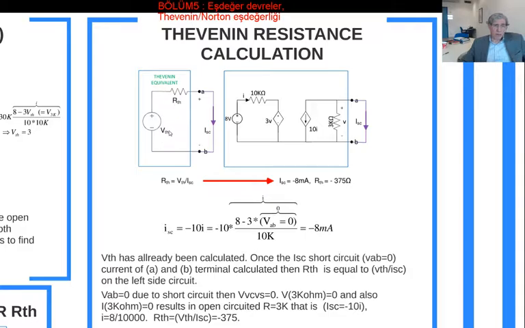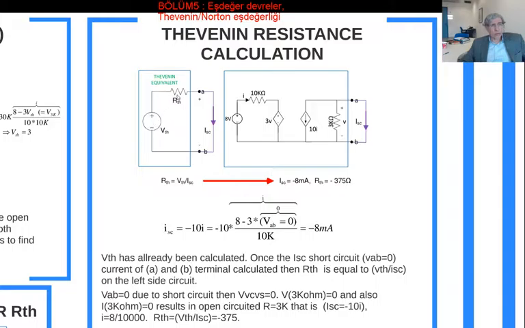How? VTH we already calculated. If you make this short circuit, that means the voltage of the RTH resistor is VTH as well. So the voltage is known, so you can find the current of this resistor.